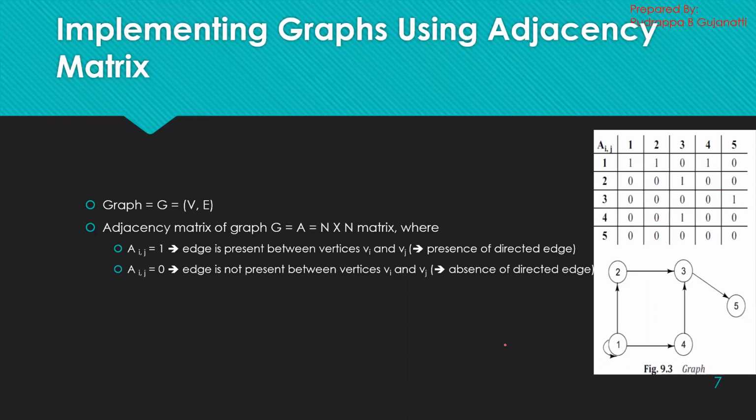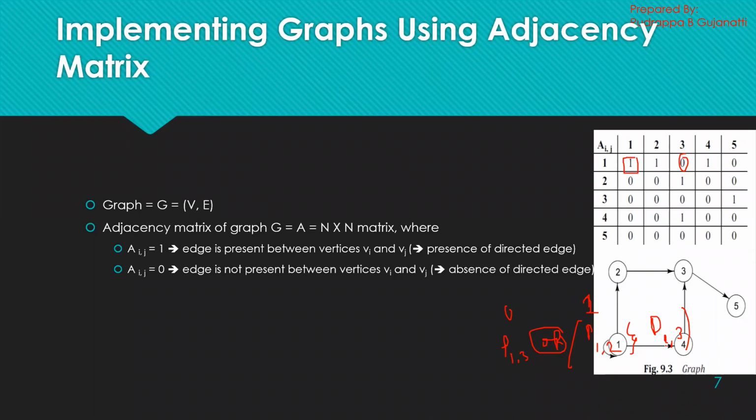So in the path matrix, what we'll be checking is whether from 1 to 3 there is a direct path. If I look at the entry, this is 0, or you are checking the logical parameter, whether I can go from 1 to 2 and from 2 to 3. So if you just observe 1 to 3, there is a path. So in the path matrix, the entry will be 1.